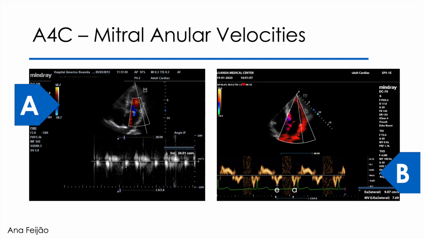It is not ideal, but I confess that I've worked on an ultrasound machine without TDI, and E is a very important parameter for evaluating diastolic function. So it doesn't hurt to see if we can get a good definition, or if using Doppler PW to provide more information to add to the report and diagnosis, okay?